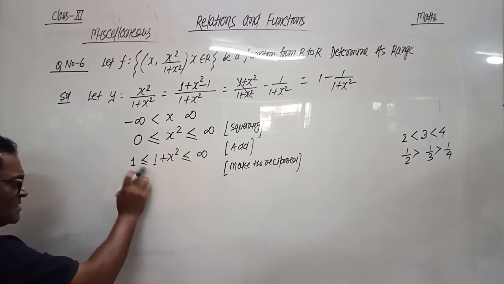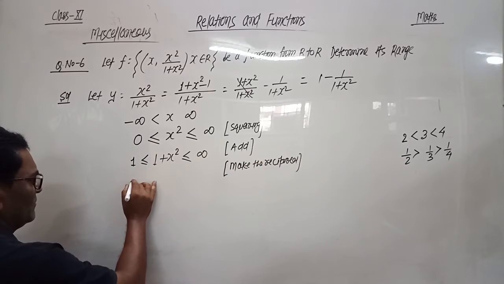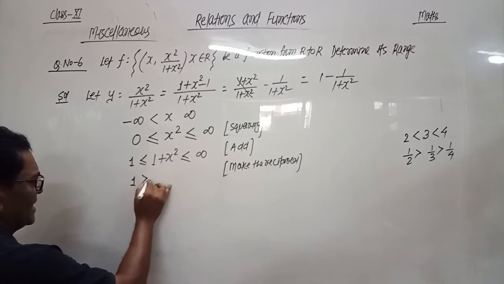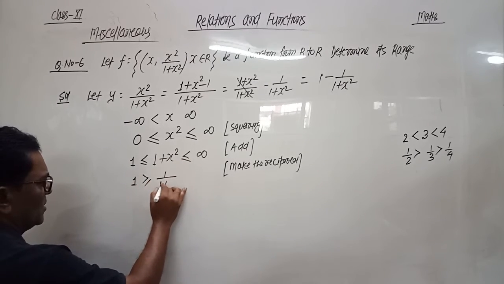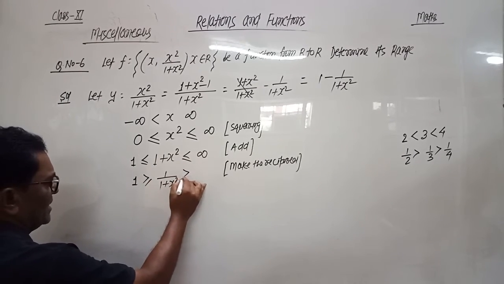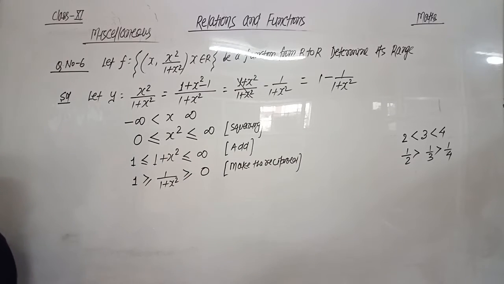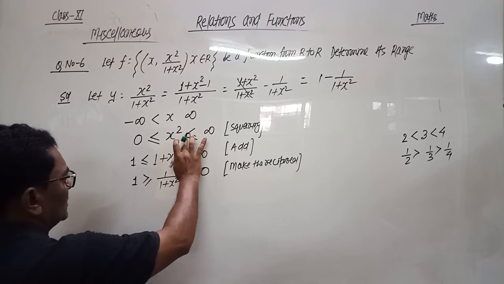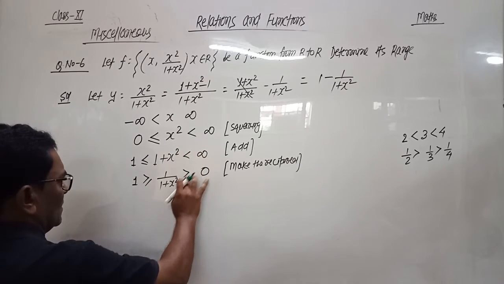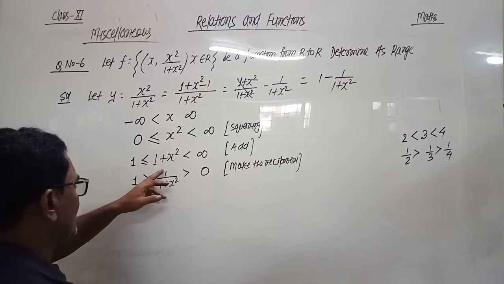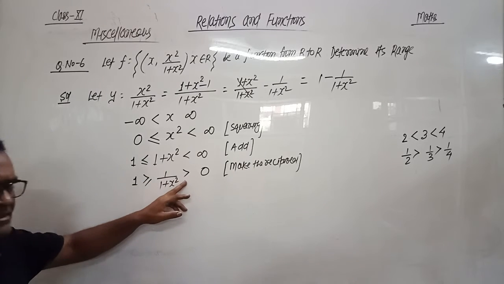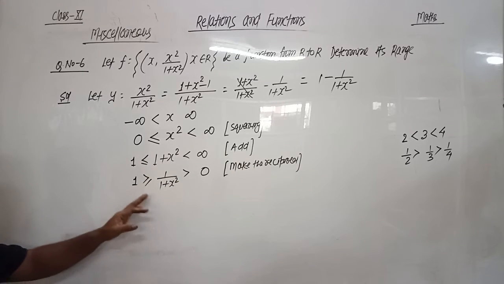So we get 1 is greater than or equal to 1 upon 1 plus x squared, which is greater than 1 by infinity, and 1 by infinity is 0. So 1 is greater than or equal to 1 upon 1 plus x squared, which is greater than 0.